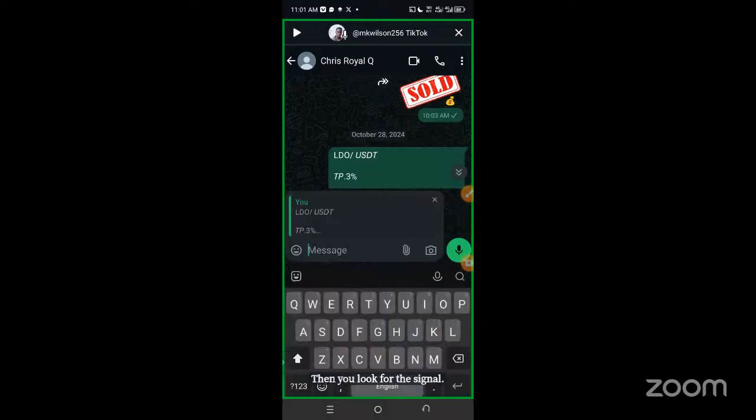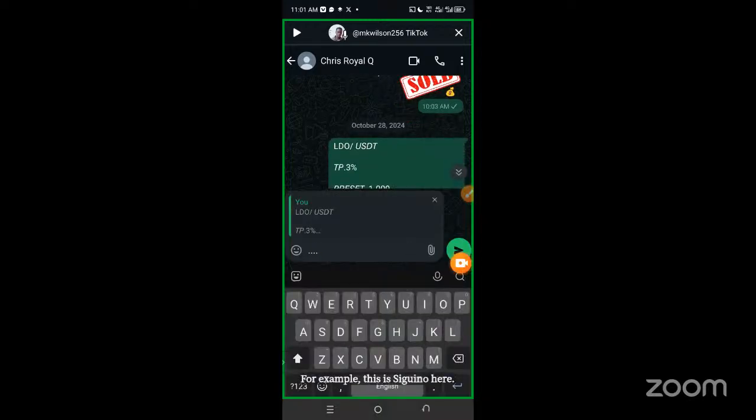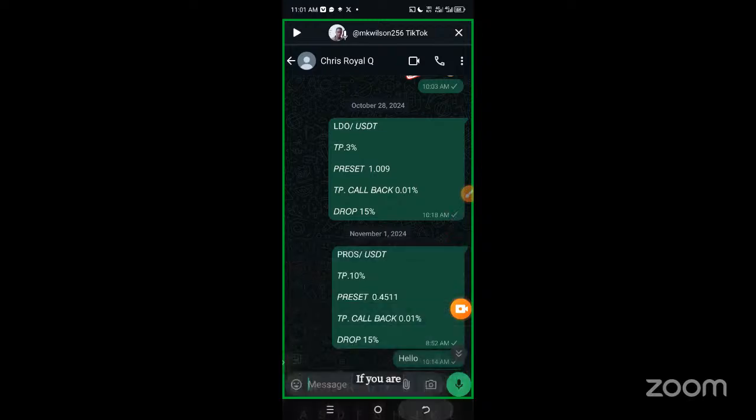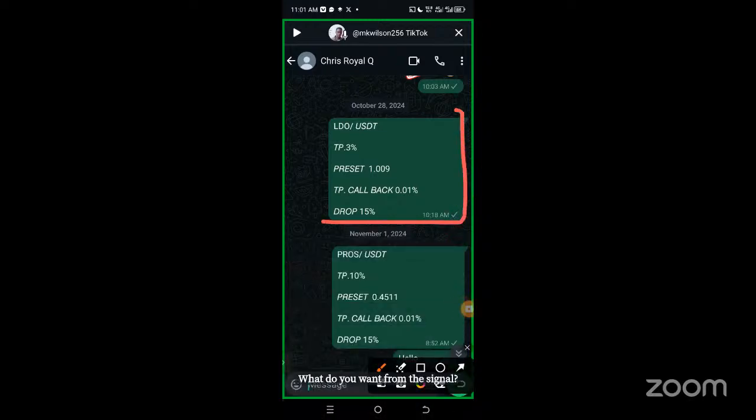For example, this signal here. If you are given that signal, what you want from the signal are only two things. This drop, you don't need it. You also don't need this in the signal.